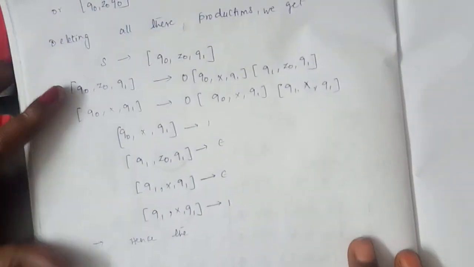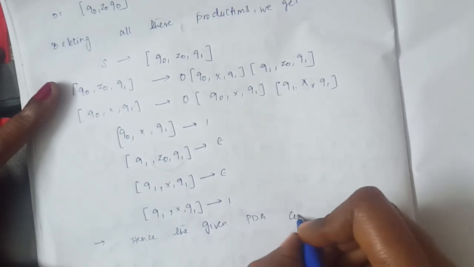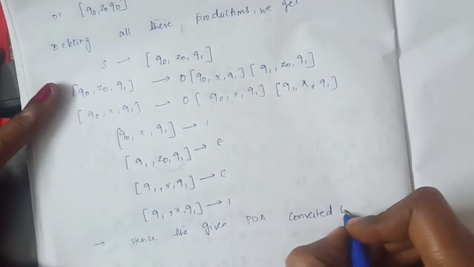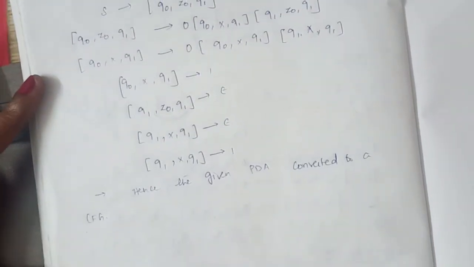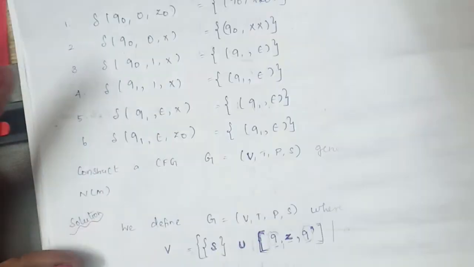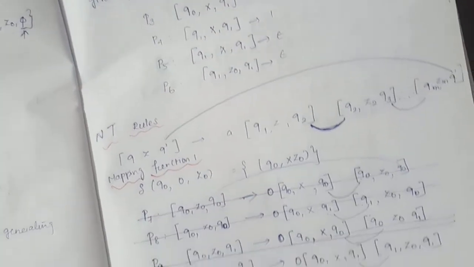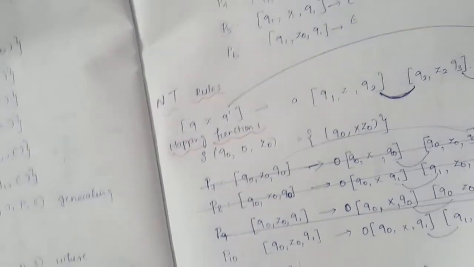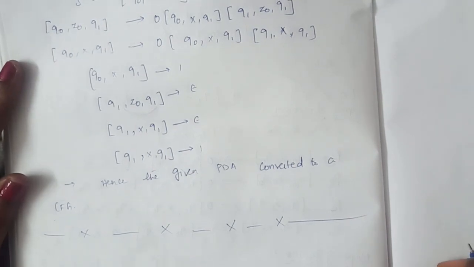Hence the given PDA is converted to a CFG. So this is the way you have to convert it. This is my conversion. Okay, thank you.